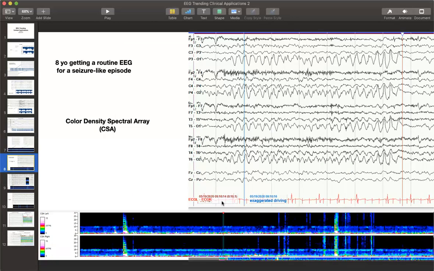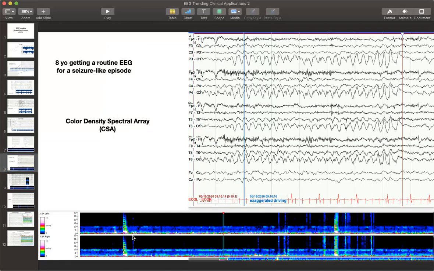This is during photic stimulation at 4 hertz. So these red tick lines are the strobe light going off 4 times per second. And this shows the reaction of the occipital rhythms to the photic stimulation. So this child has very prominent photic driving, which could possibly be related to their underlying diagnosis. It's a little bit atypical.